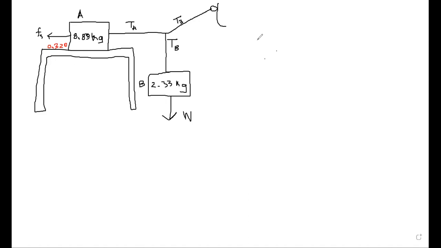So let's start here. Sum of the forces in the x for block A is equal to, the one that is facing the left, which is the frictional force, will be negative.